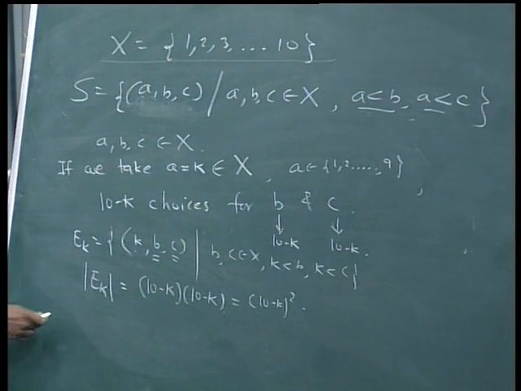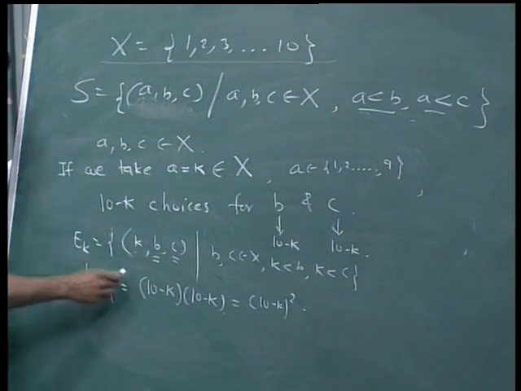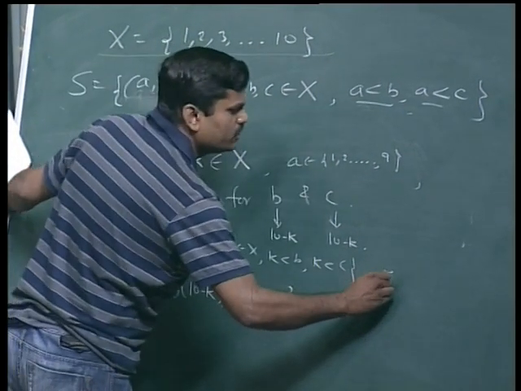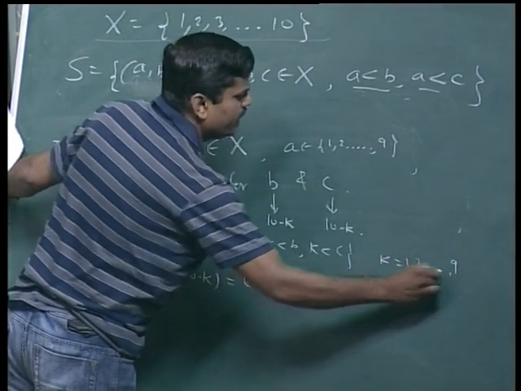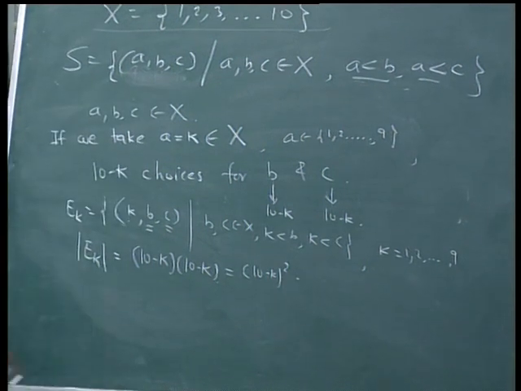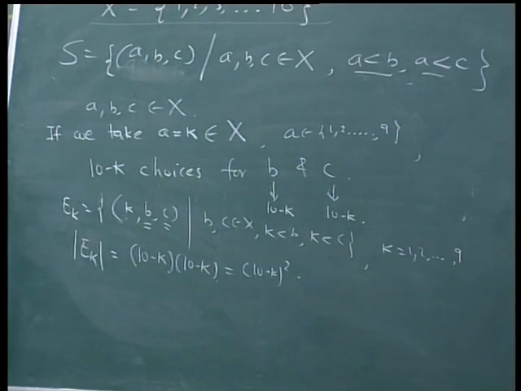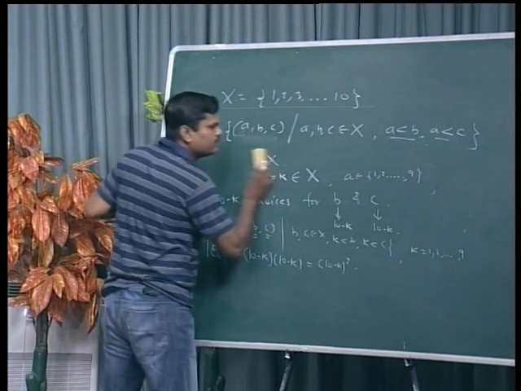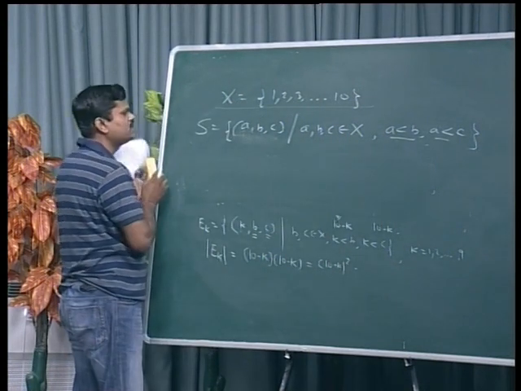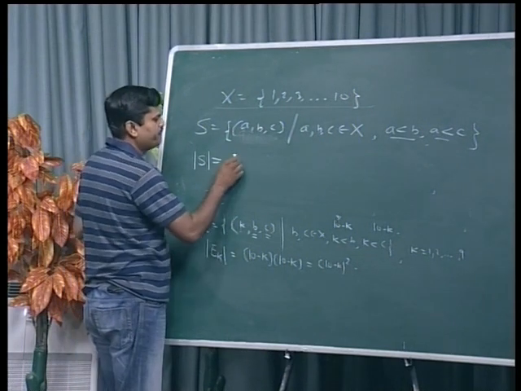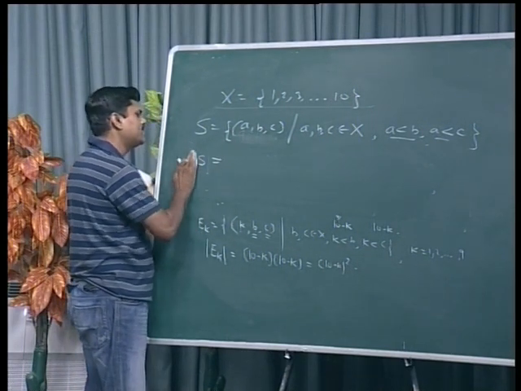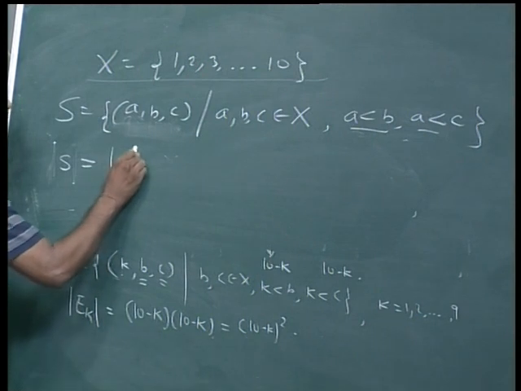Okay. And what is our main aim for each k, and how many k's are there? As I told you, k is equal to 1, 2, 3 up to 9. You cannot take k is equal to 10. That possibility is ruled out. So therefore the total number of elements in the set S, that is mod S, you can write as, first of all you can write S as a union of, what is S actually?